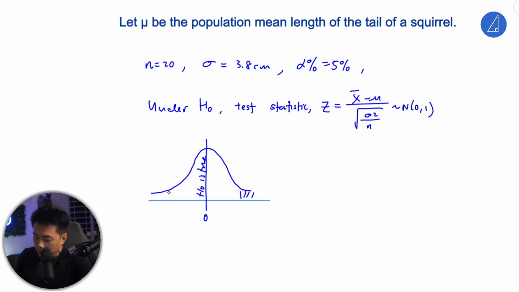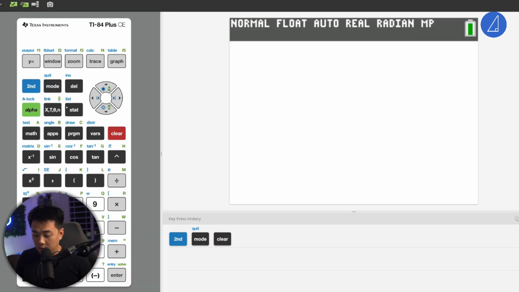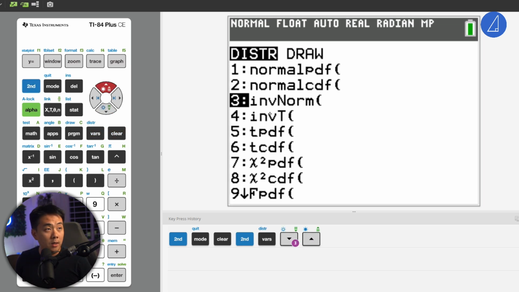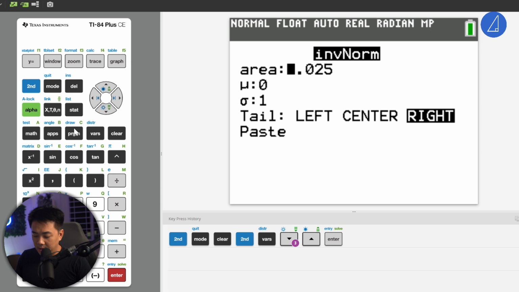So this is two-tail, so this will be 2.5% and this will be 2.5%. Okay, so we're going to find the z critical here, and this is the z critical here. Just key in the calculator to find the z critical. You could just use second, inverse norm. Remember, it's 2.5% on the left or right, so you could use left or right.